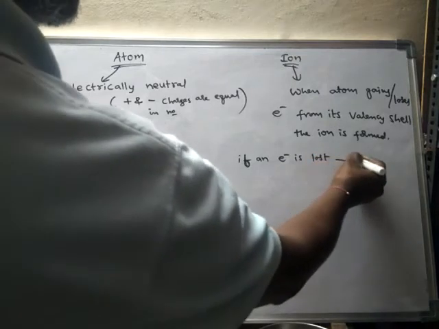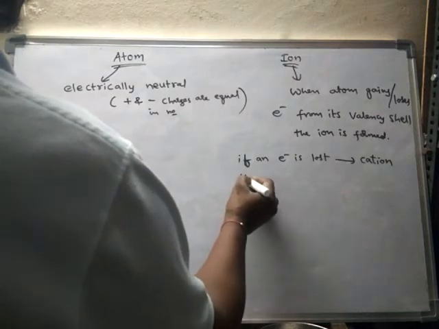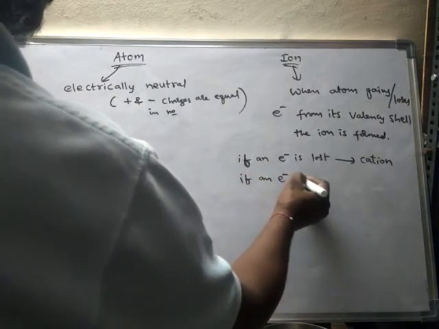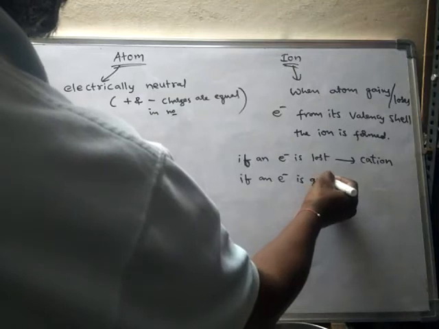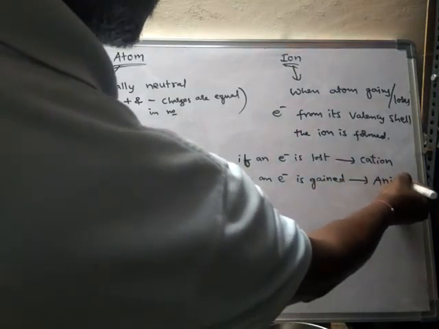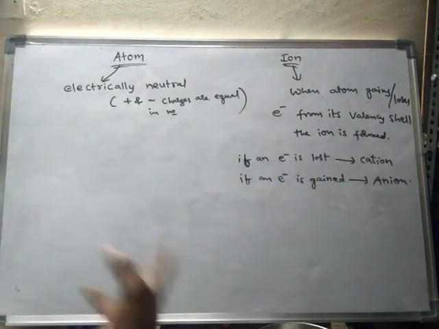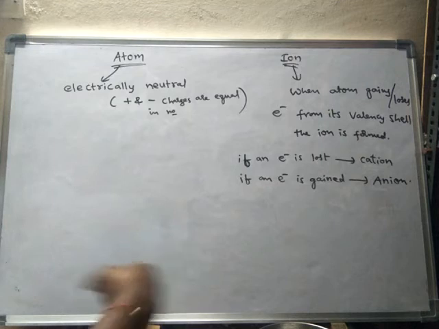If an electron is lost, it forms a cation, and if an electron is gained, it forms an anion.